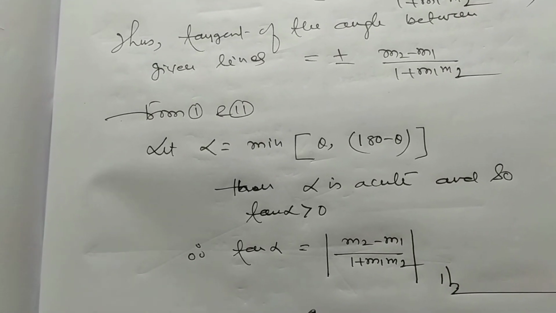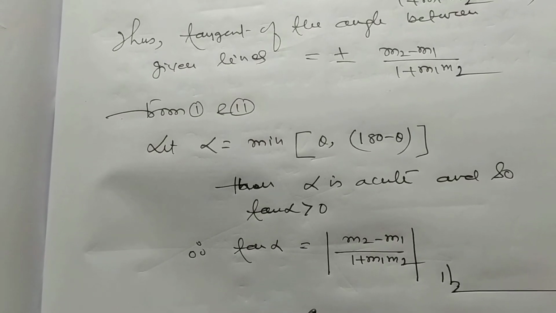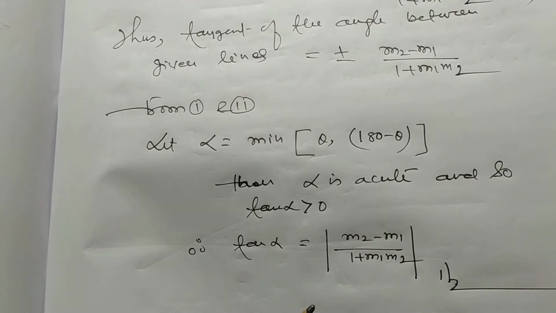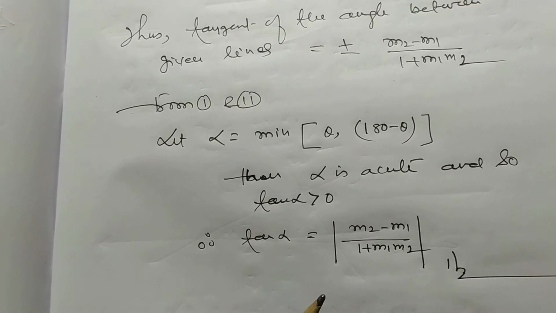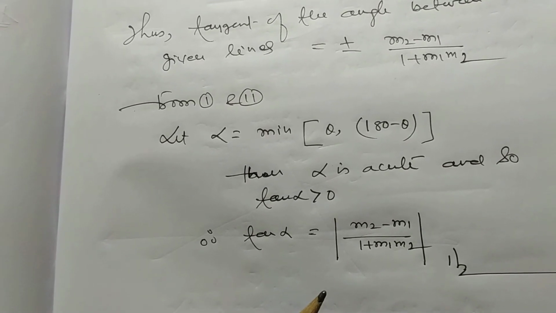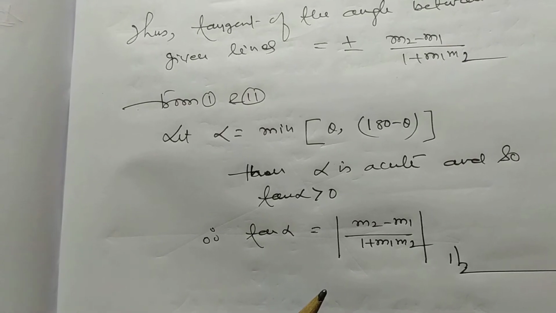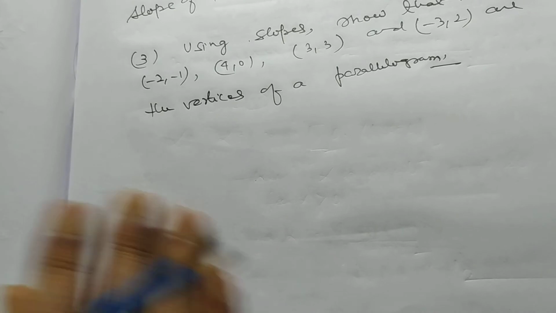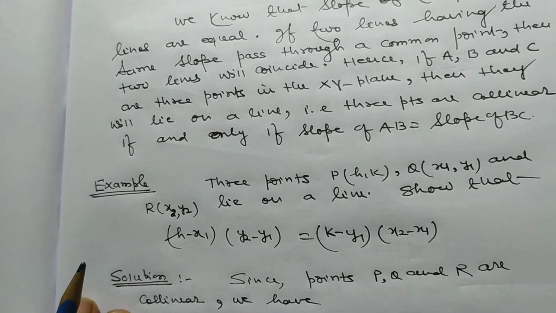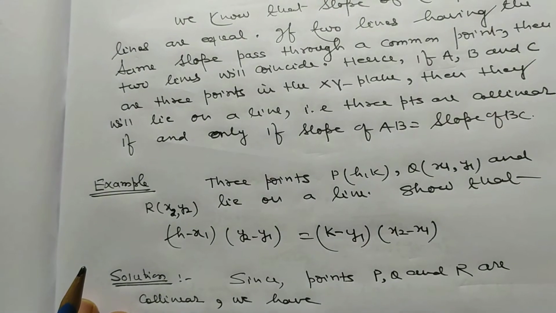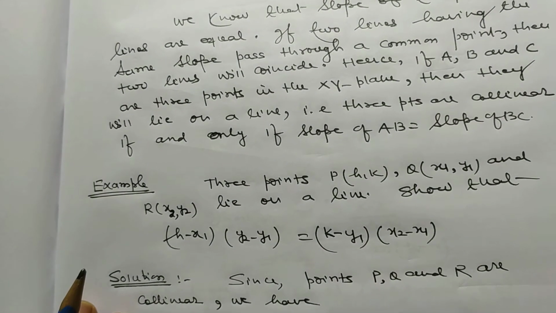So if the angle between two lines is obtuse, then it will be minus, and if it is acute, then it will be positive, because tan alpha is positive in the first quadrant and negative in the second quadrant. So my dear student, in this way we can find the angles between two non-perpendicular lines.